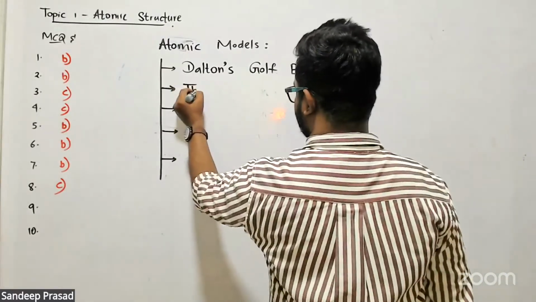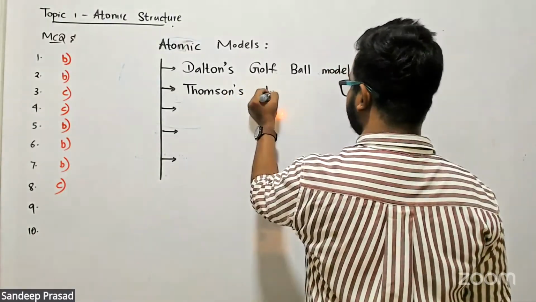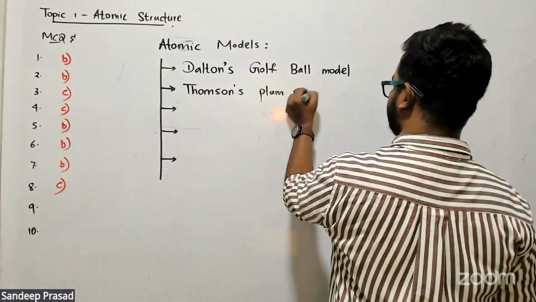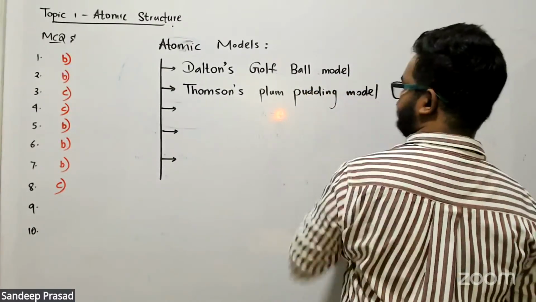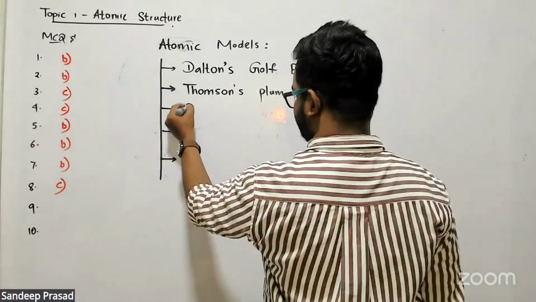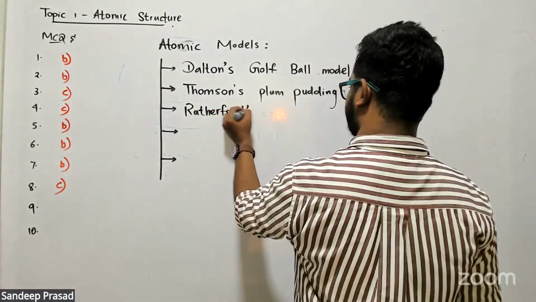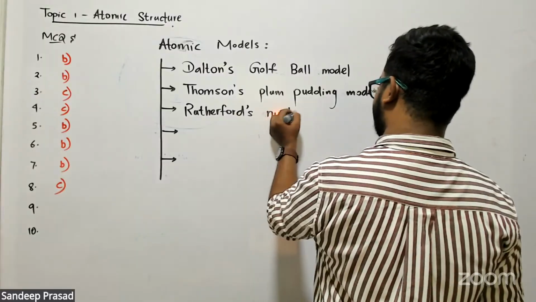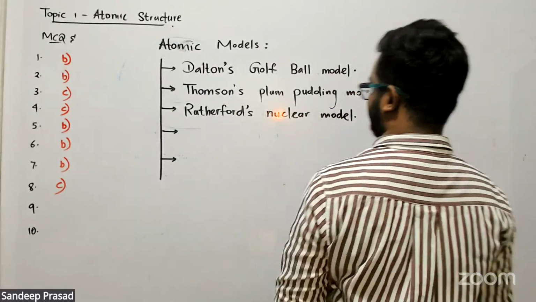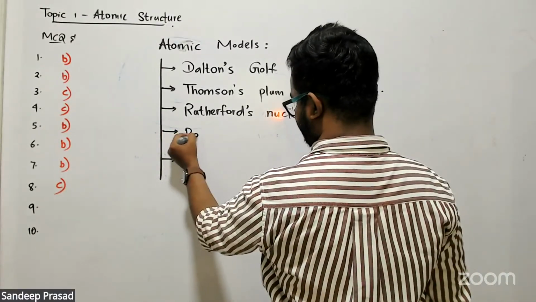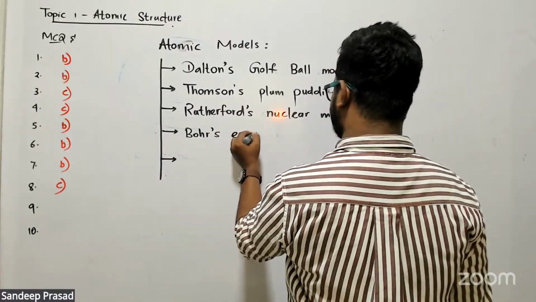Then the second one is Thomson's plum pudding model. And the next one is Ernest Rutherford's nuclear model. And the fourth one is Niels Bohr energy level model.